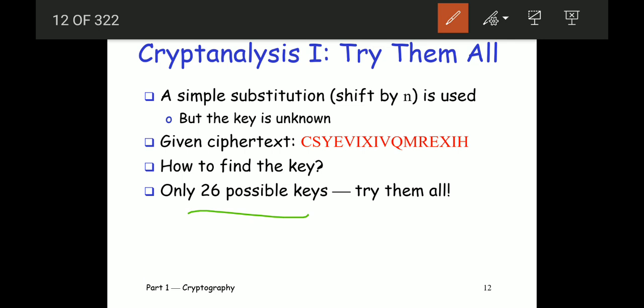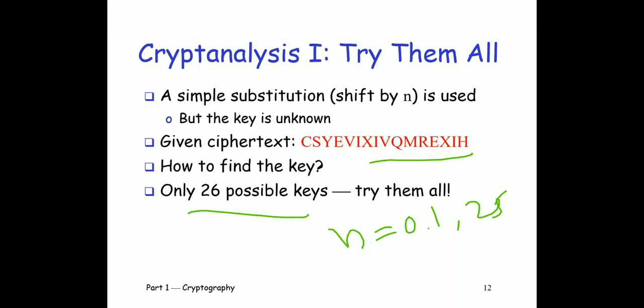So what you are going to do is try decrypting this message for all the values of keys, that is, starting from n equal to 0, 1 and so on till 25. Changing the value of n, you try decrypting the given ciphertext. We call this the exhaustive key search.